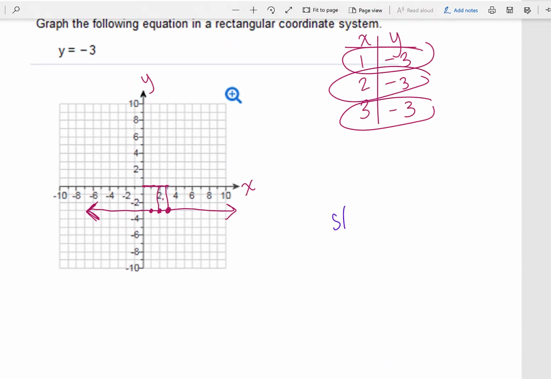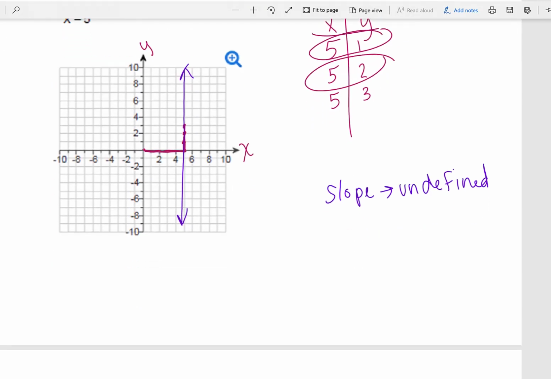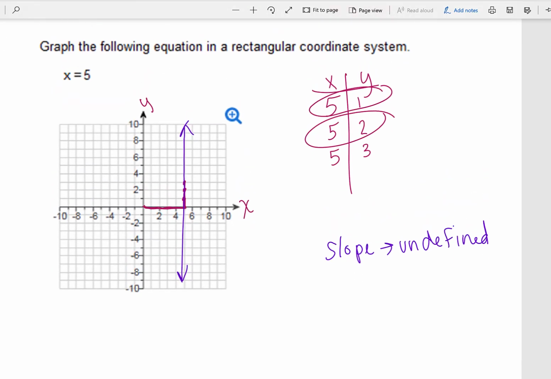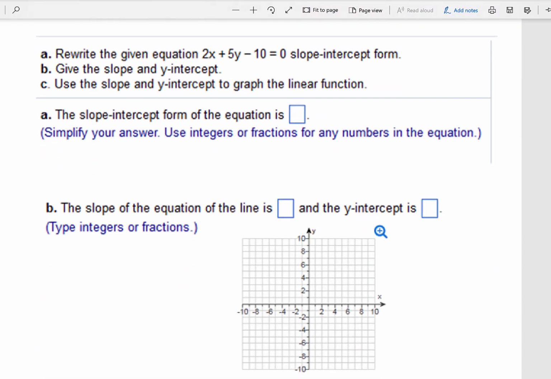Up here, the slope will always be 0. And if you were to punch in 2 of these ordered pairs into the slope formula, you would see that you would get 0 in the denominator. And remember, if 0 is under the line, meaning the fraction bar, then it's undefined.